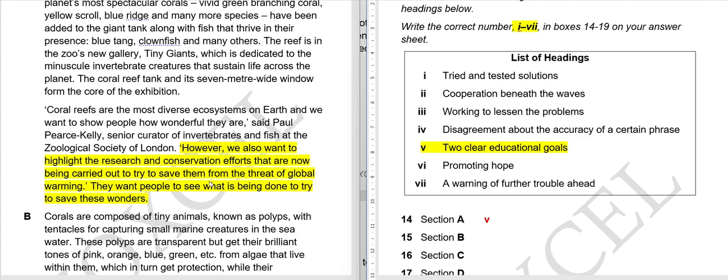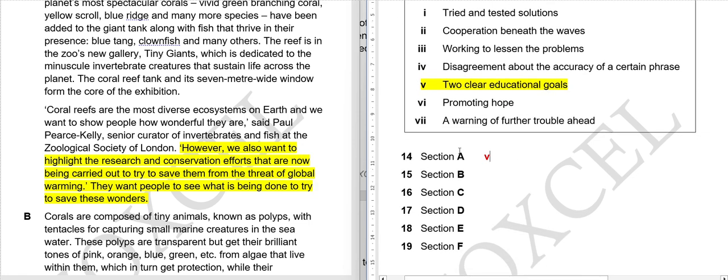So these are the two goals that they want to educate people about. They want people to be educated about the research that is ongoing, or the conservation efforts that are ongoing, to try to save the threat of global warming by saving the corals. They want people to see what is being done to try to save these wonders. I hope it is clear.